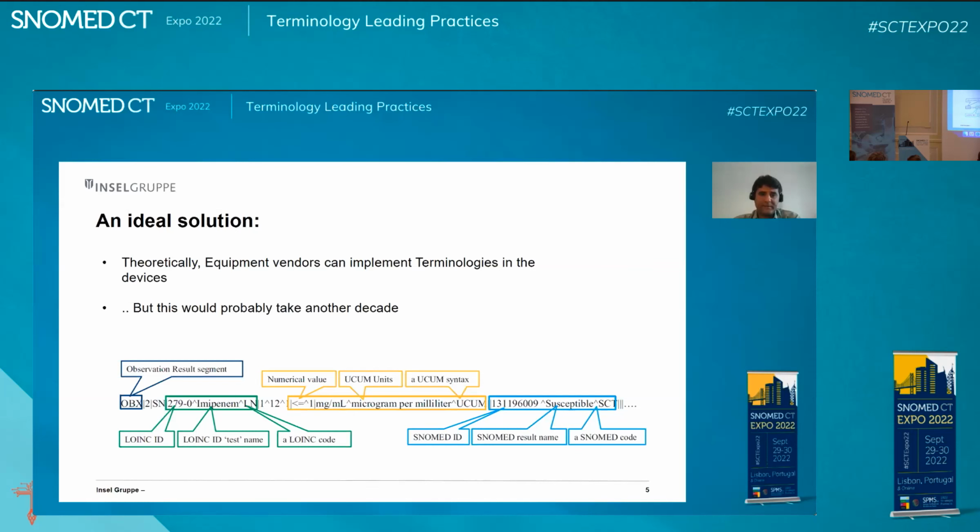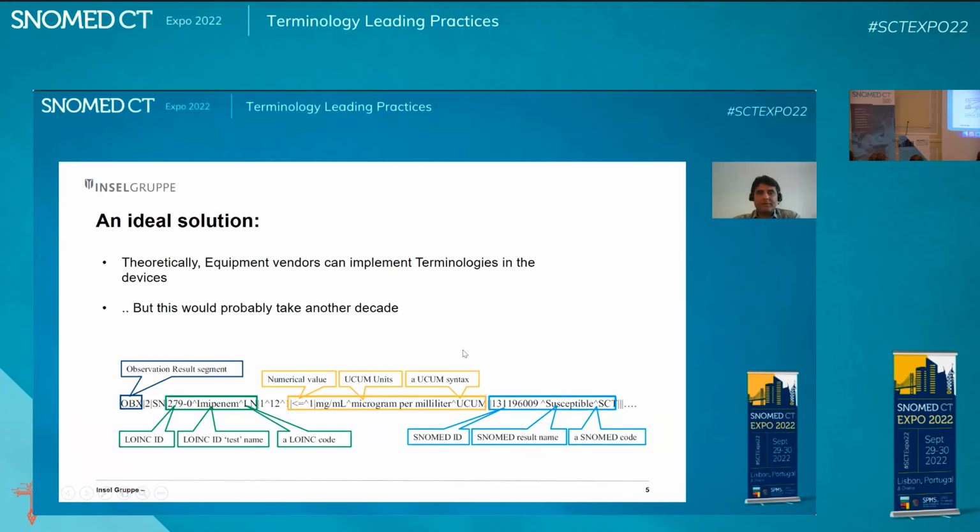For example, laboratory methods are mapped to LOINC identifier, test name, and a code, which is like a local laboratory code, as well as UCUM units, which is a measurement terminology, as well as clinical terms are mapped or coded with SNOMED CT terms and codes.